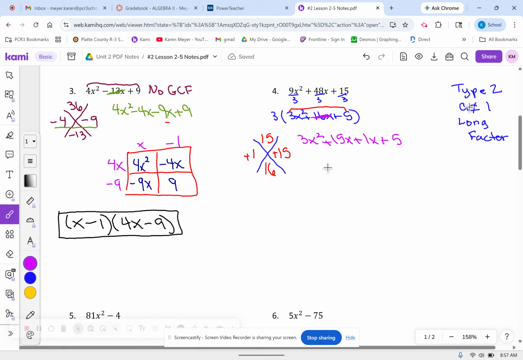Okay, so now I have to make my box because we're in the long factoring section. And then I'm going to take these 4 terms and put them inside the box. So 3x squared, 15x, 1x, 5x.